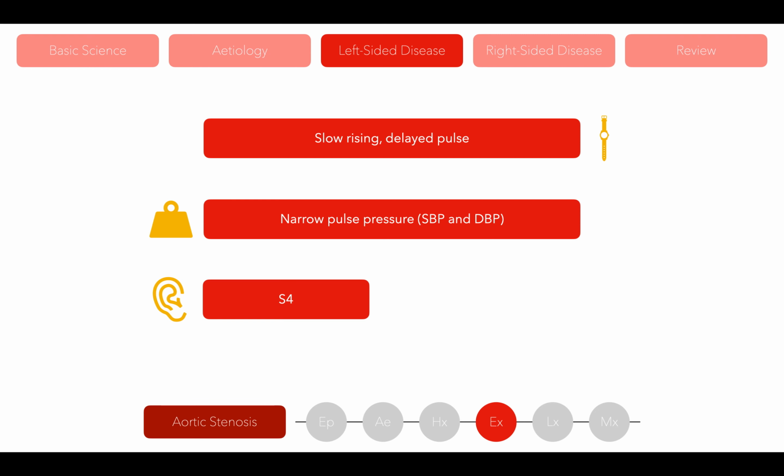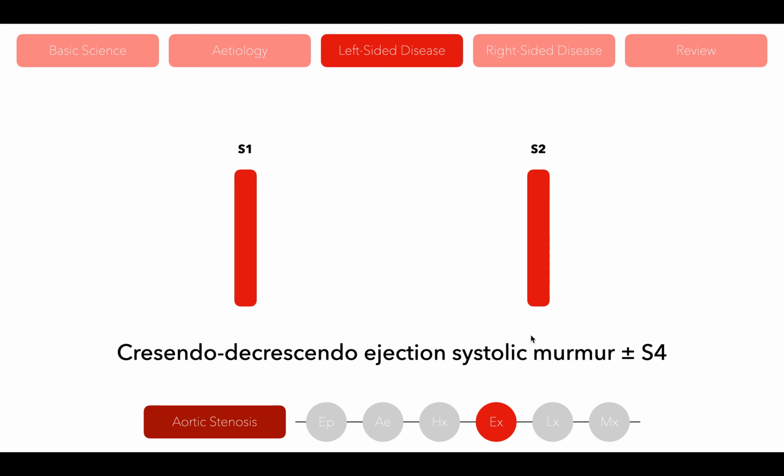You'll hear an S4 sound, which is the blood spurting at the end of diastole against the hypertrophied left ventricle. And because the left ventricle is so big, you might see left axis deviation on ECG, and you might see a heaving apex when you feel the apex in the fifth intercostal space, midclavicular line on the left-hand side.